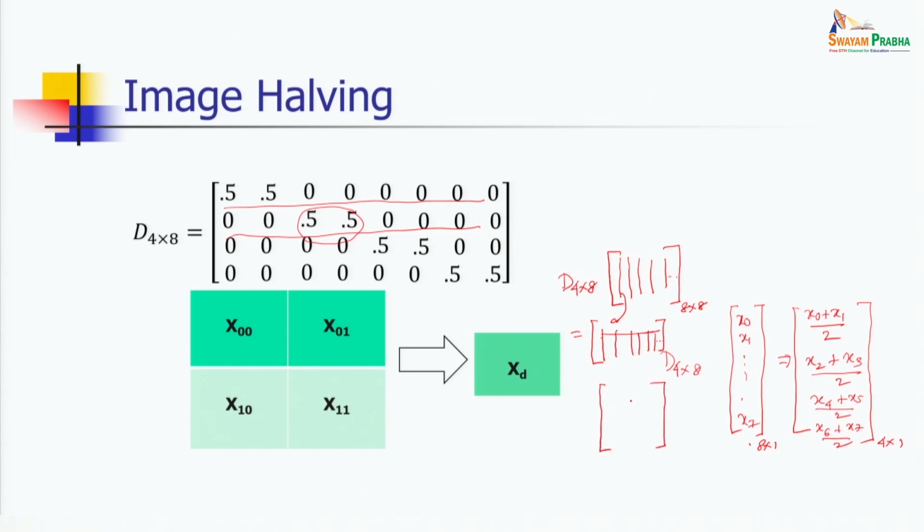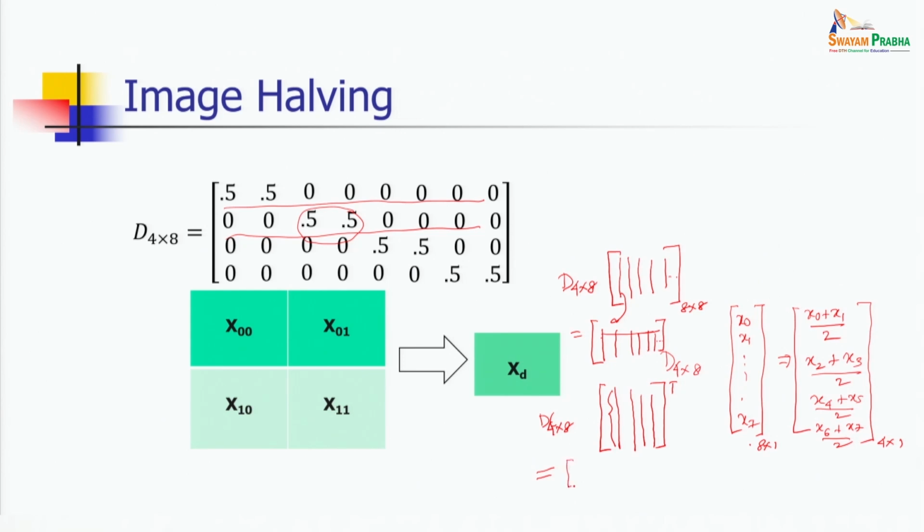Now you understand that since each one is of 4 rows, you will get 4 columns after the transpose, and each is once again a vector of length 8. So once again you multiply with the same transformation matrix of 4 cross 8. So what do you get here?